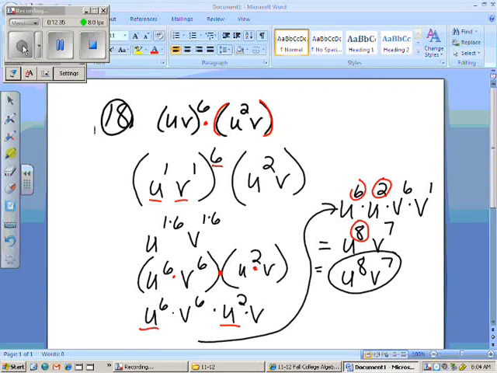Alright, so what you need to remember is, anytime you raise a power to another power, you multiply the exponents. Alright? And if you are multiplying a u times another u, or an x times another x, or a y times another y, you just add the exponents. Okay?